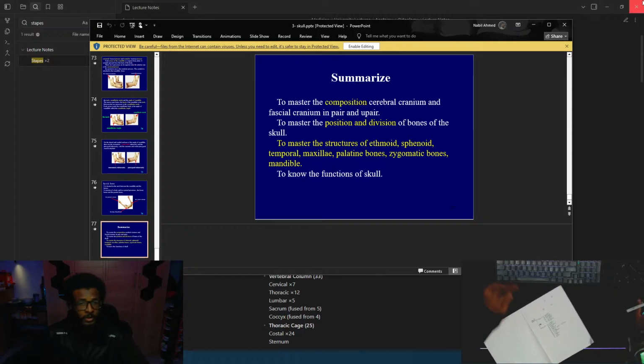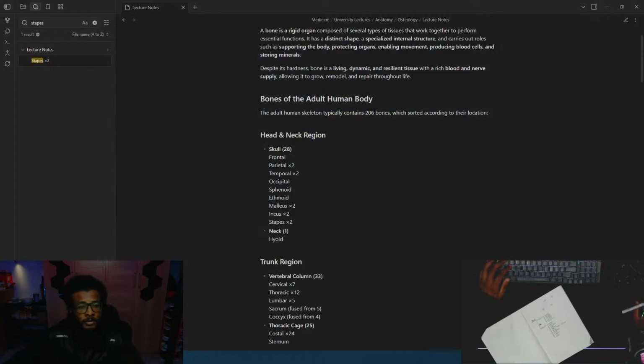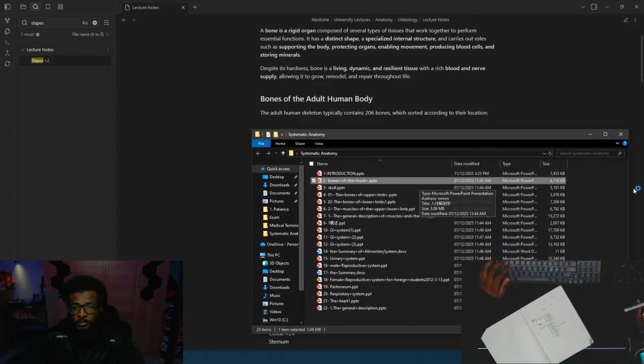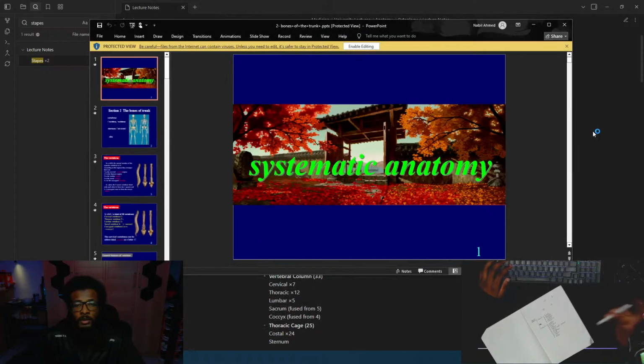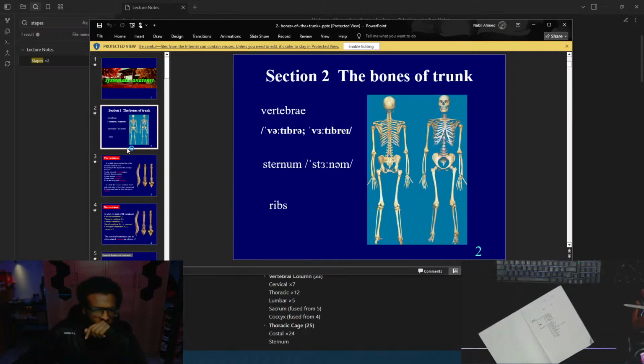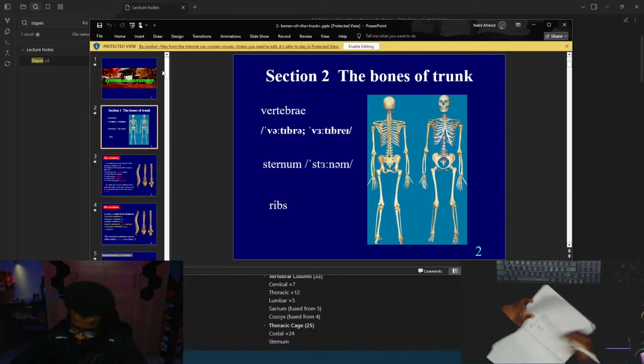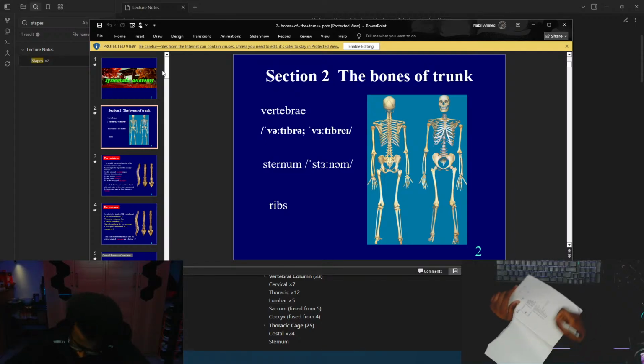Okay, now moving to the trunk, bones of the trunk. Bones of the trunk include the vertebrae as well as the thoracic cage.